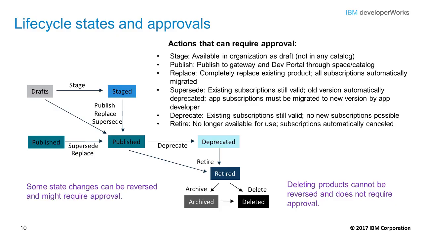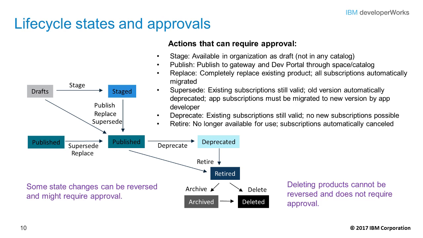A product and API moves through a series of lifecycle states in API Connect. Typically, an API and product starts out in the draft stage. It is then staged to a particular catalog or space on a server.